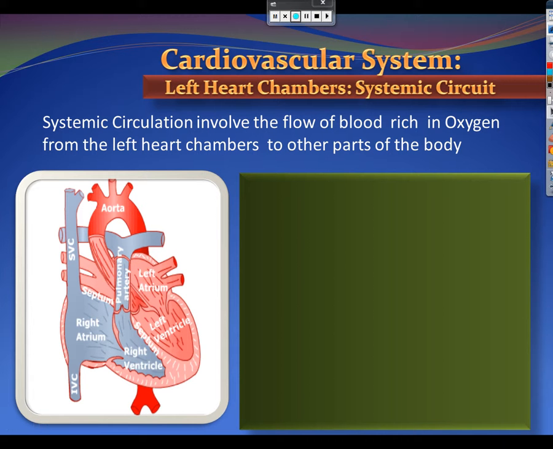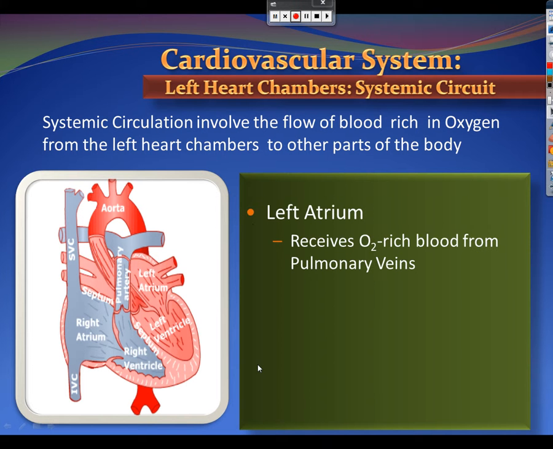Blood is going to come in through the left atrium, which is connected to the artery, and it has oxygen at this point. It's going to pass through the left ventricle, and from there it leaves, pumping blood out to the rest of the body.